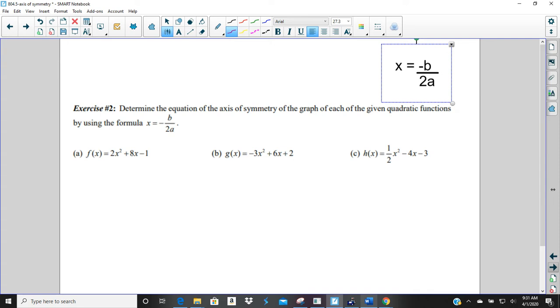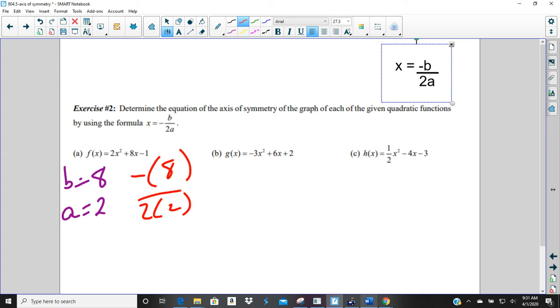We're going to determine the axis of symmetry for each of these using the formula x equals negative b over 2a. So let's do this. If it helps you, make a little table off to the side. We have b equals 8, and we have a equals 2. So I'm going to plug it in: negative 8 over 2 times 2.